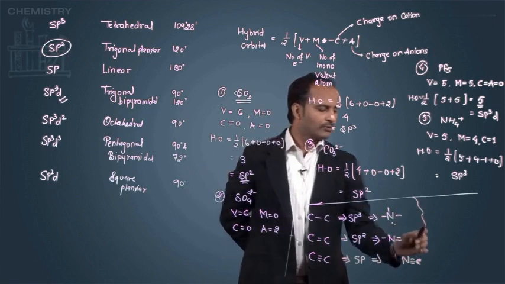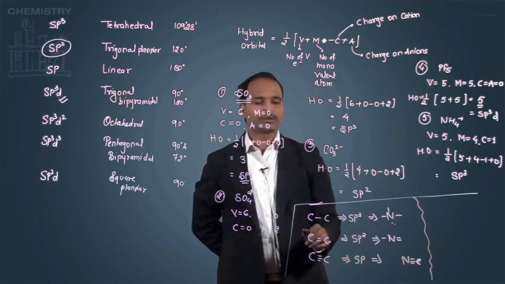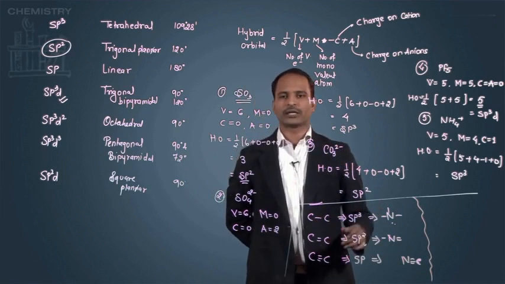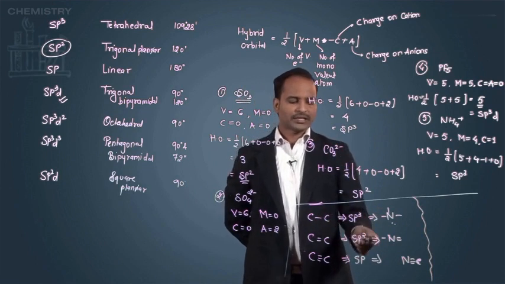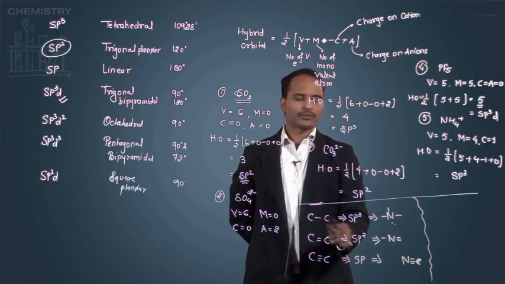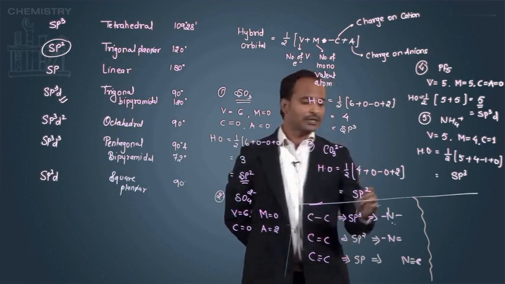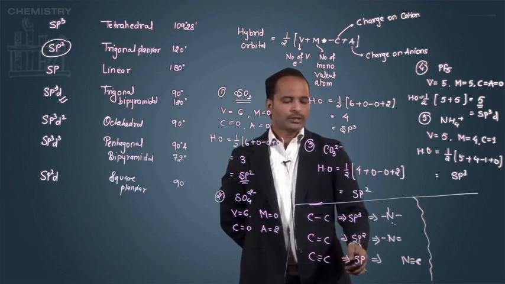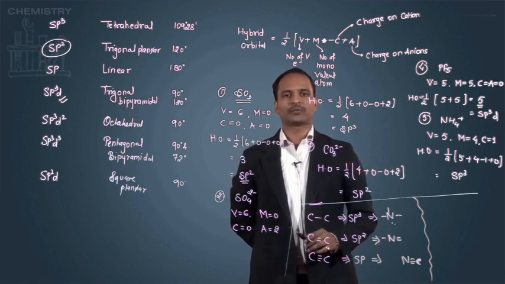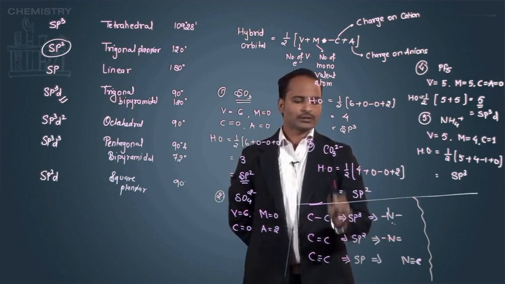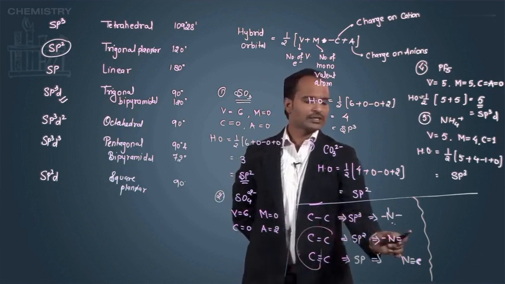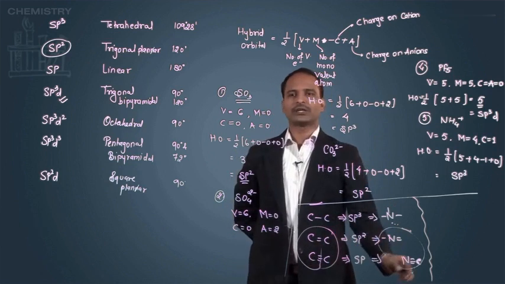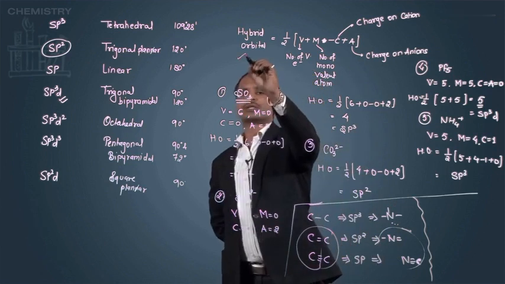So in addition to this formula, just keep in mind that if all the bonds formed by the carbon are single, and all the bonds formed by the nitrogen are single, then it is sp3; a carbon-carbon double bond means carbon undergoes sp2 hybridization, and the same rule is applicable for nitrogen. If the carbon forms a triple bond, then sp hybridization, and the same rule is applicable for nitrogen. Many times this formula gives wrong details for these compounds. That's why this is additional information to the formula.